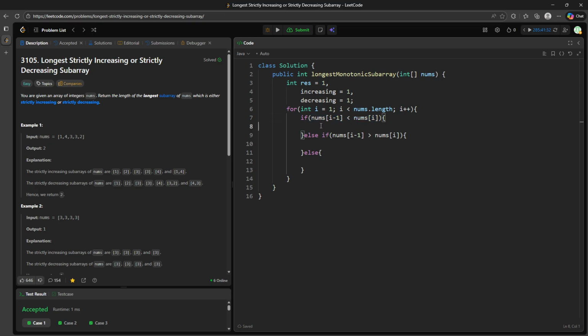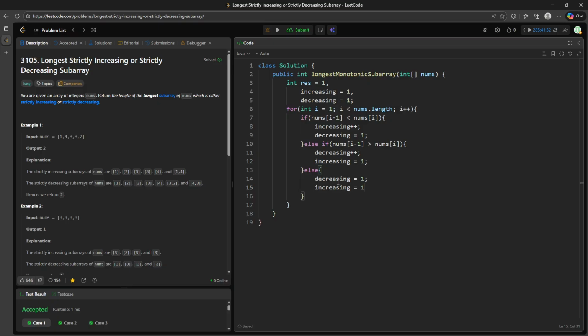So increasing will increment, and decreasing will reset to 1. And this will be the decreasing case: decreasing will increment by 1, and increasing will be set back to 1.